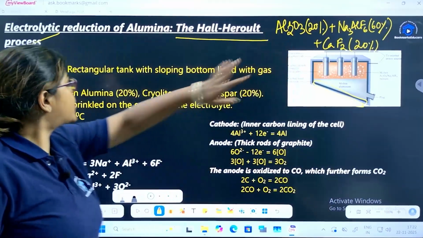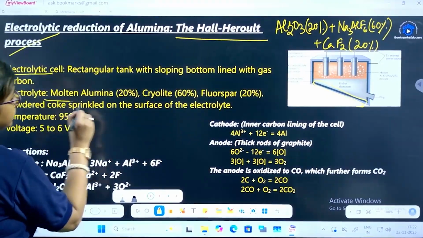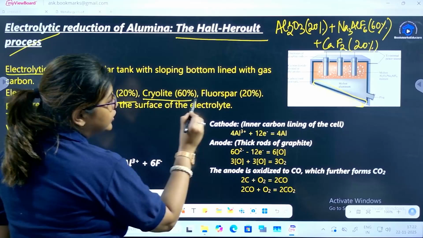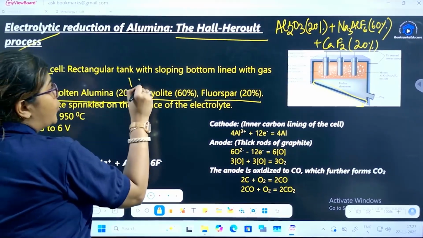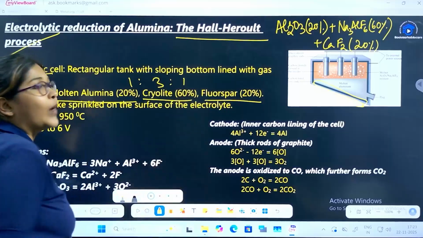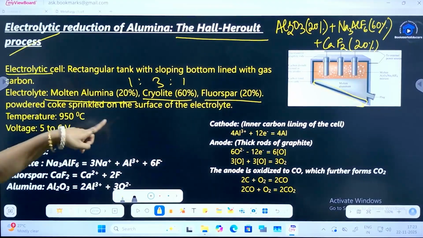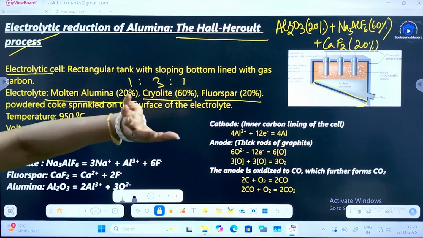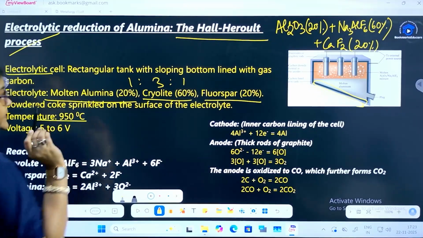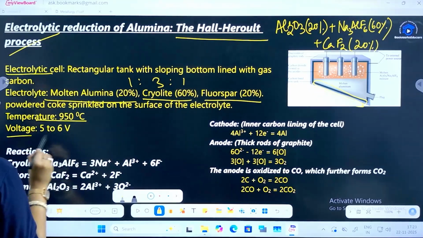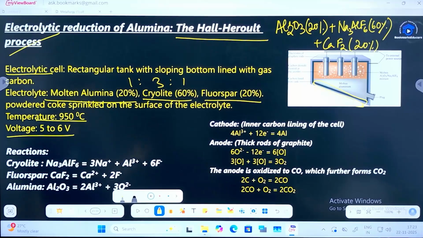So my electrolyte consists of molten alumina, cryolite and fluorspar in the ratio of 1:3:1. And you have some powdered coke sprinkled on top of the electrolyte. The temperature is 950 degrees centigrade and the voltage is 5 to 6 volts.